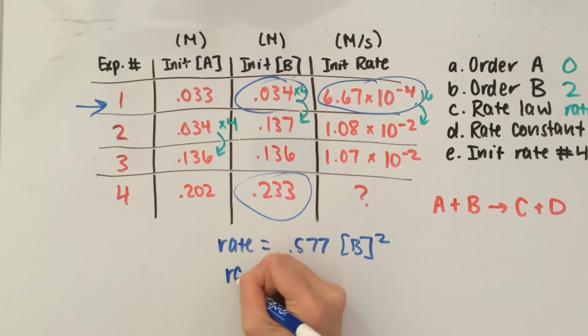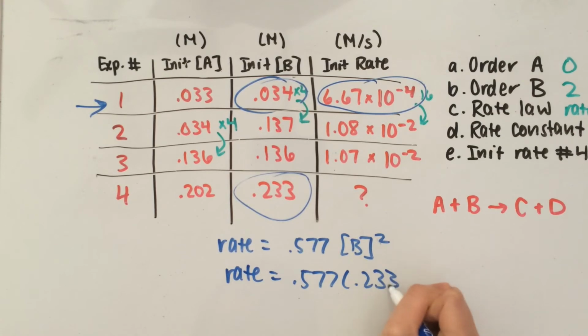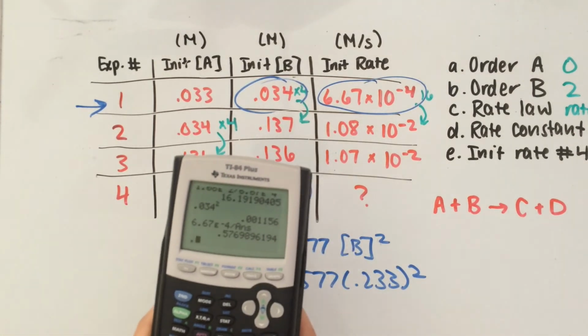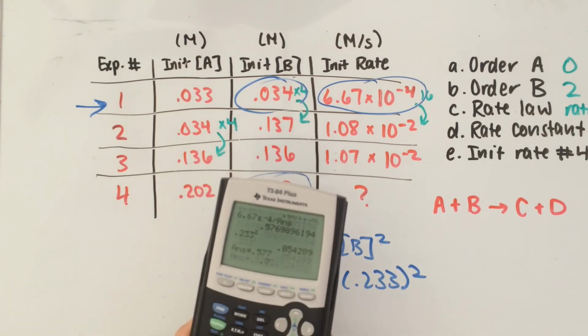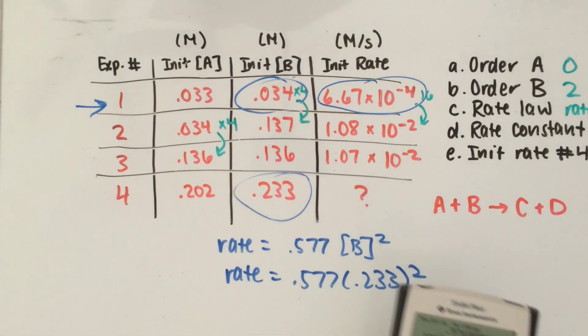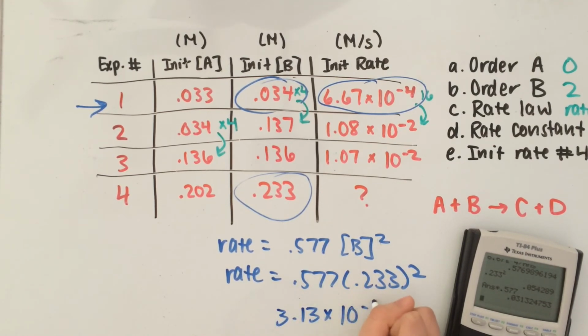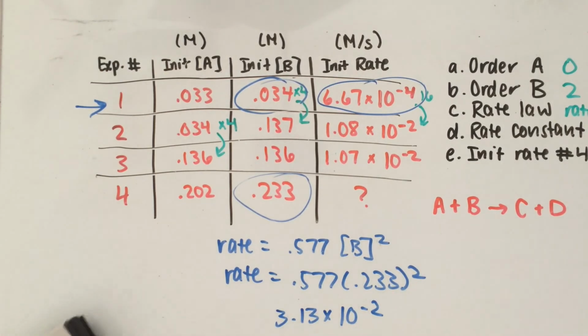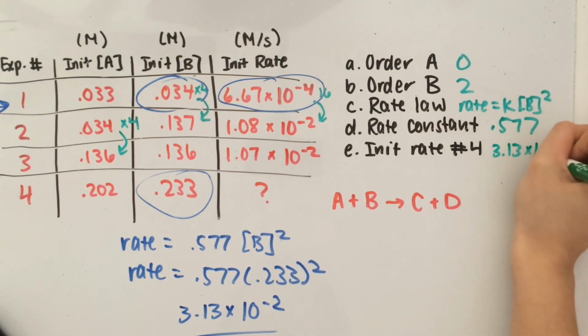So rate equals 0.577 times 0.233 squared. Easy. Now let's plug it into our calculator. That gives us about 3.13 times 10 to the negative 2. And that's your answer for the initial rate of experiment 4, 3.13 times 10 to the negative 2.